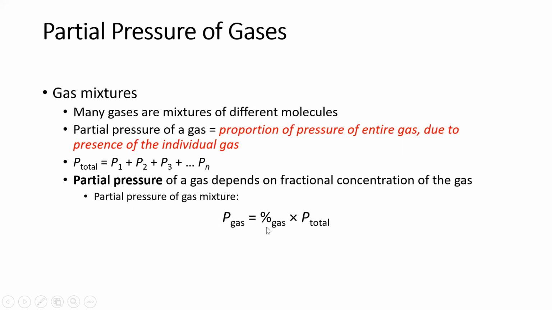So we'll talk about oxygen being about 79%. And so we multiply that 79% by that 760, which is the total pressure of the gas mixture itself. Okay, and we'll apply this coming up. So don't be worried, just make sure you understand this equation in terms of calculating the partial pressure of an individual gas.